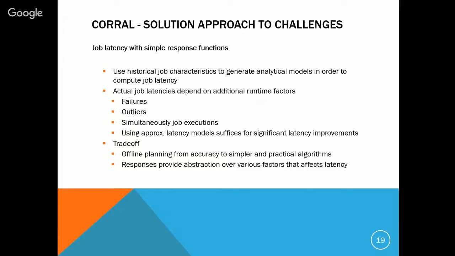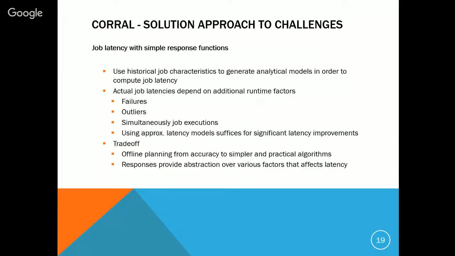So actual job latencies depend on additional runtime factors such as failures, outliers, and simultaneous job executions, while approximate latency models most likely suffice for significant latency improvements.